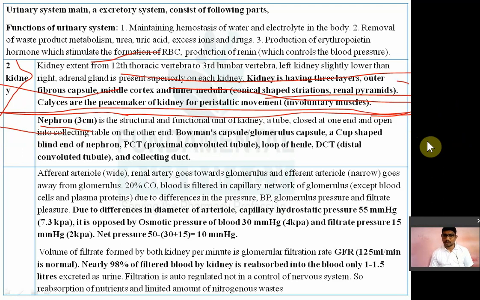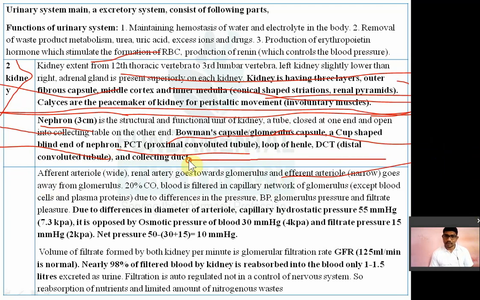The closed end is known as Bowman's capsule. In that Bowman's capsule there is a glomerulus, which is a capillary network. This Bowman's capsule is the cup shaped blind end of the nephron. After that there is another part known as the PCT, the proximal convoluted tubule, then the loop of Henle, then the distal convoluted tubule, and lastly the collecting duct. These are the different parts of the nephron.